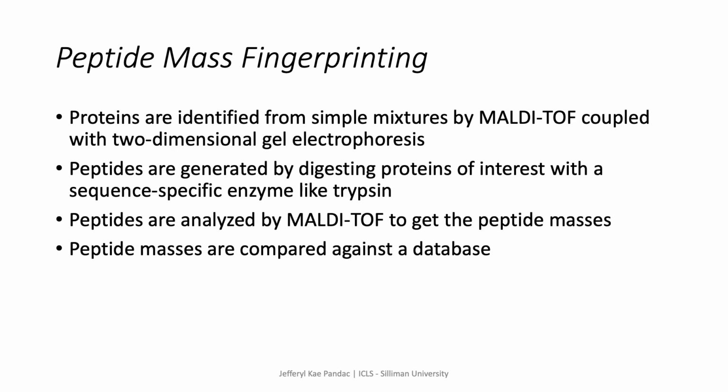MALDI-TOF mass spectrometry has simple operation, good mass accuracy, as well as high resolution and sensitivity. Therefore, it has widespread uses in proteomics to identify proteins from simple mixtures by a method called peptide mass fingerprinting, which is often used with two-dimensional gel electrophoresis.